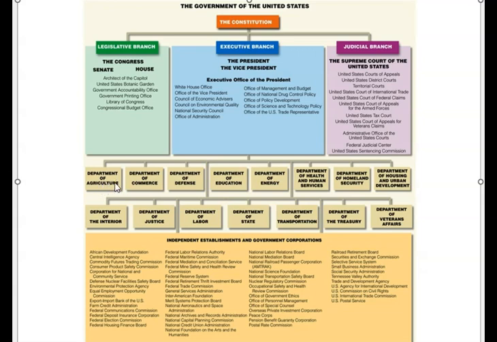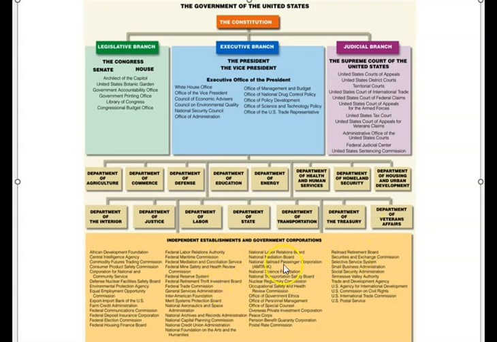So you obviously have agriculture, commerce, defense, education, energy, health and human services, homeland security, and housing and urban development, along with interior, justice, labor, Department of State, transportation, treasury, and veterans affairs. Under each one of those is a tremendous infrastructure as well, and there's not enough room on this slide to show it.